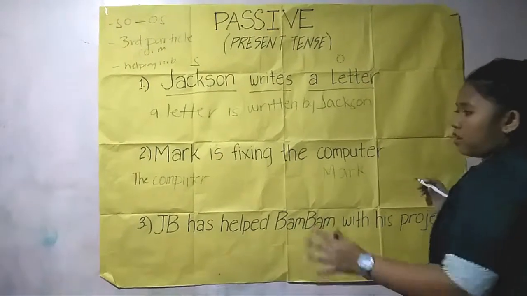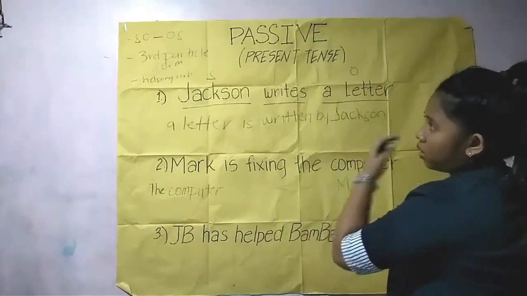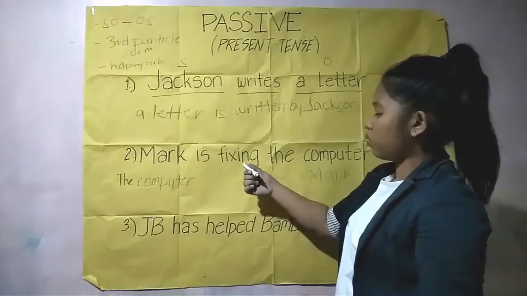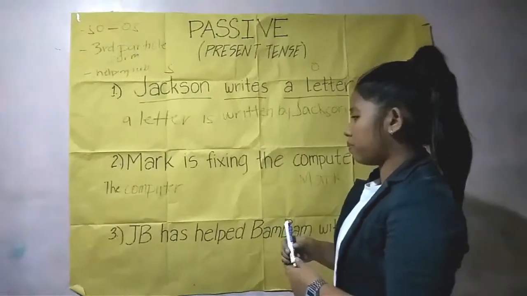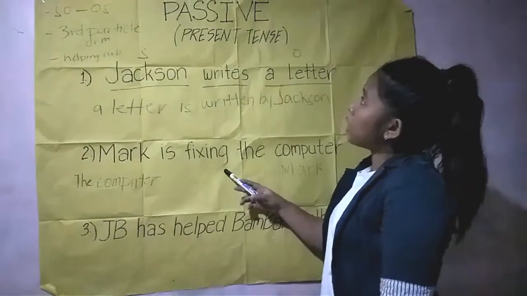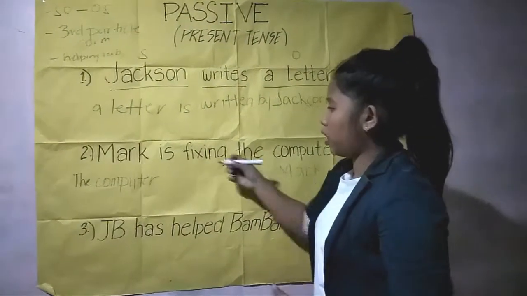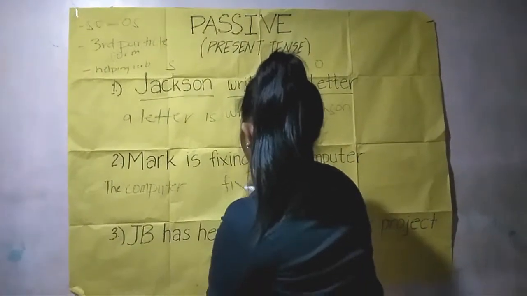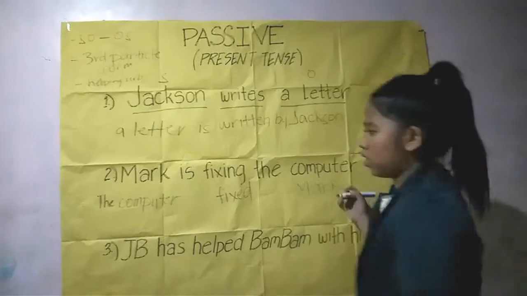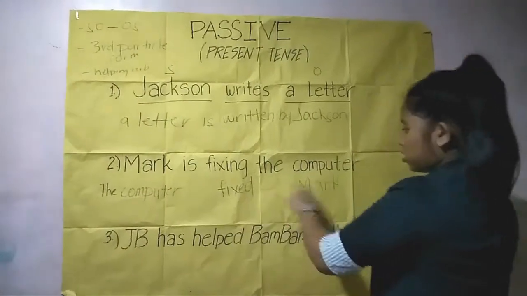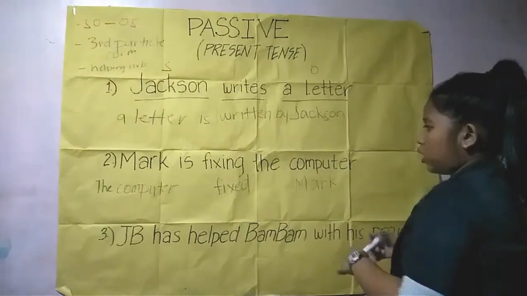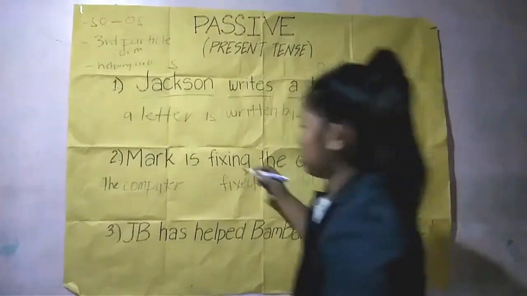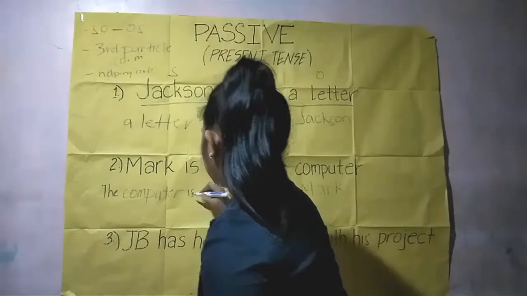We will make fixing into a third participle form. Since it is the continuous passive form, we need to put it in the third participle. It is fixed. So if we read this, the computer fixed Mark. So we need to put a helping verb, which is is.